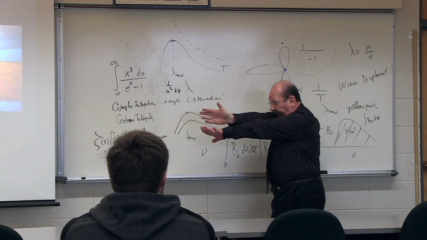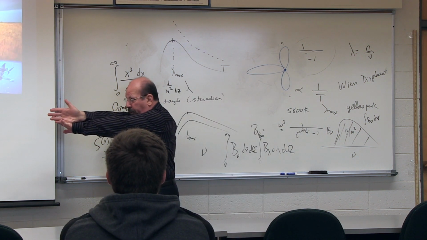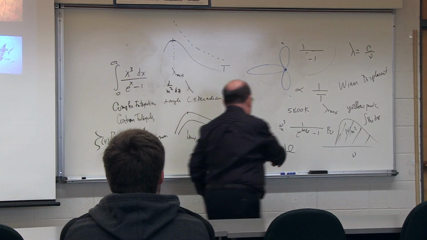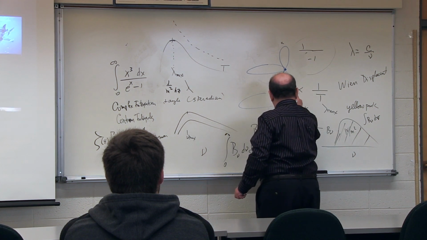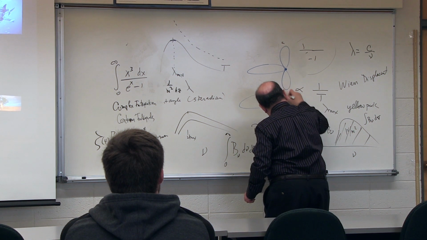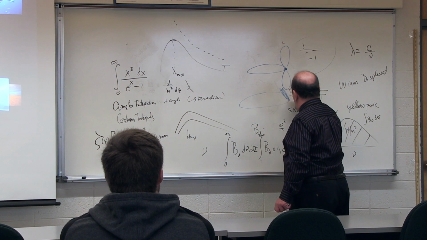And so, if I go fast enough, those lobes will point in the direction of my motion. It's hard to draw, but these two lobes are in the direction of motion.